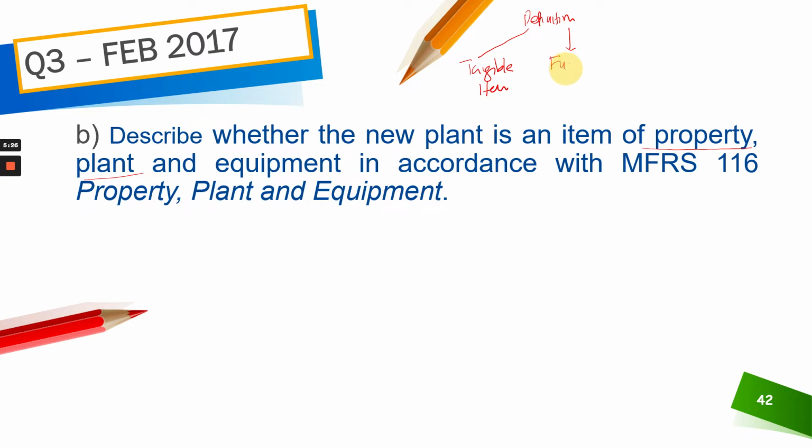Does it fulfill the function of PPE, which is used in production for supply of goods or supply of service, for rental to others, or for admin? So any one of the functions, it does not need to be all. And is it being used for more than one period or more than 1 year? If it fulfills the three key features there, that is a PPE.